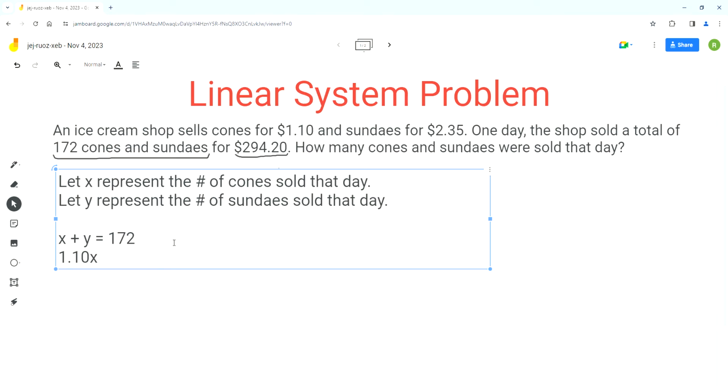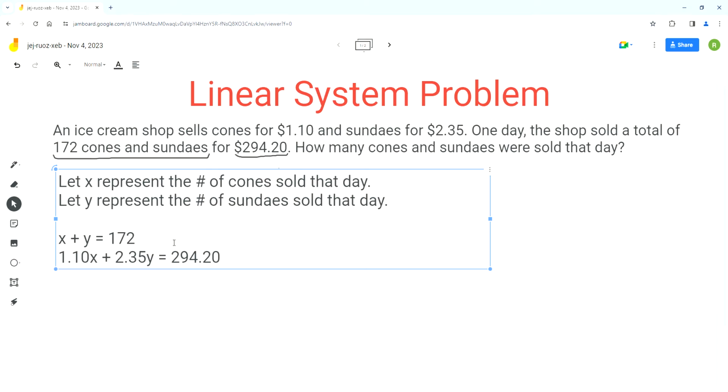And to that, we'll add the amount of money made from selling sundaes, and that'll be 2.35 times y, because y is the number of sundaes sold that day. And the total of that is equal to 294.20, because that's the total amount of money earned that day.